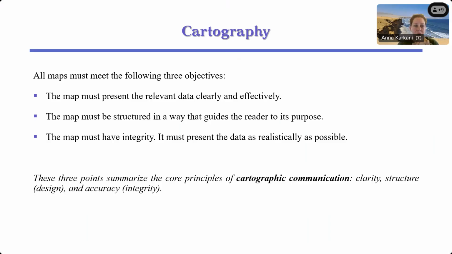They need to have some sort of structure and design, so we create our maps in a way that guides the reader to understand their purpose. And they must have integrity, in the sense that they have to present the data as realistically as possible, okay? There are some conventions that we need to apply sometimes, but in any case, we have to always try to represent our data as realistically as possible.